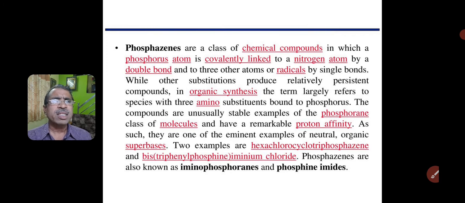In organic synthesis, the term largely refers to species with 3 amino substituents bound to phosphorus. The compounds are usually stable.